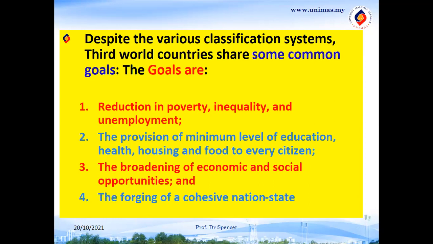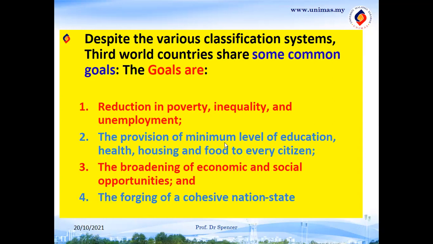And the fourth one is to forge a cohesive nation state, ya, negara yang aman, no war, for example, right? So a cohesive nation state, ya, negara yang stable, right?